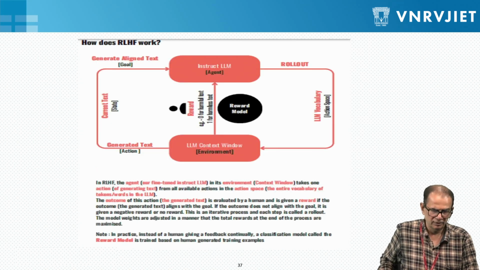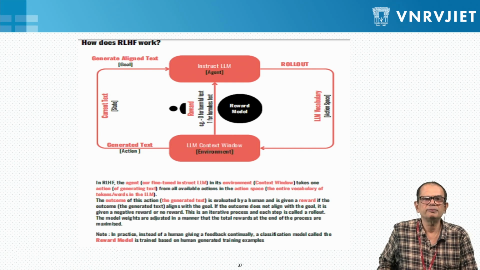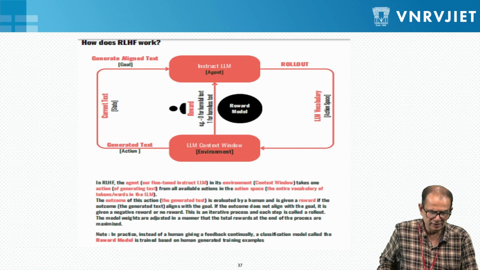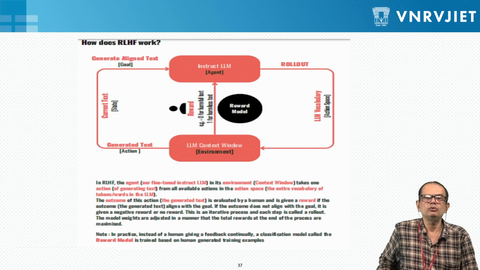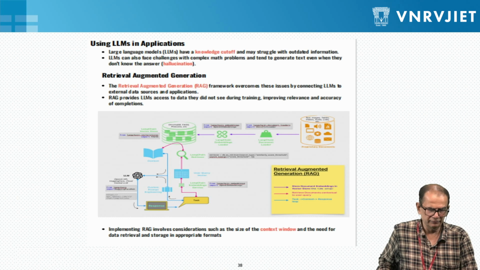Now, also we have reinforcement learning with human feedback. You can see that we are going to have some human feedback given to the LLM, and subsequently we'll get the output.